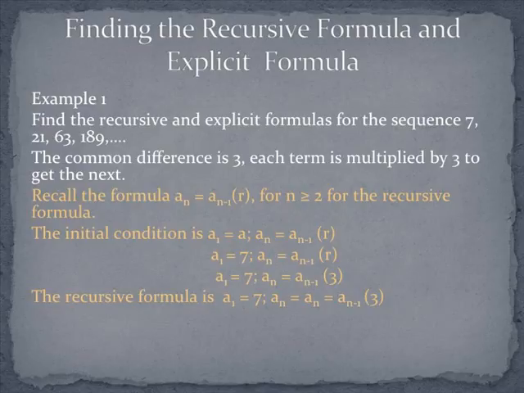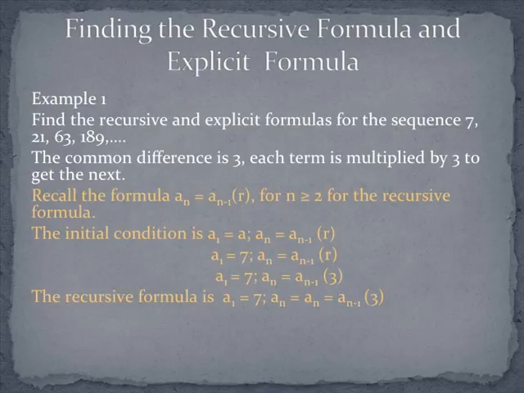Finding the recursive formula and explicit formula. Example 1. Find the recursive and explicit formulas for the sequence 7, 21, 63, and 189. The common ratio is 3. Each term is multiplied by 3 to get the next. Recall the formula a sub n equals a sub n minus 1 times r, for n greater than or equal to 2, for the recursive formula.